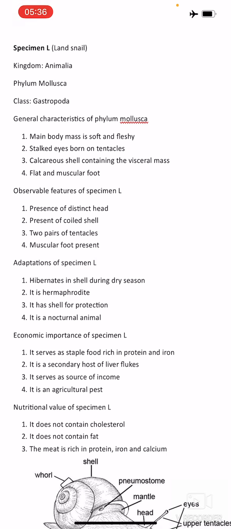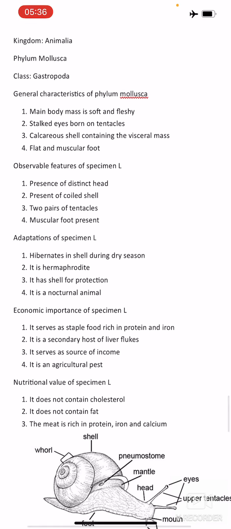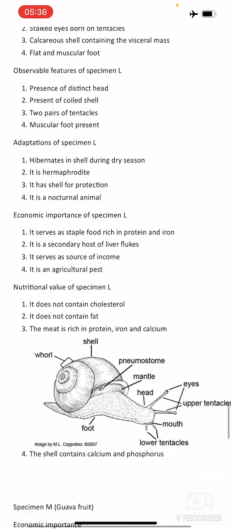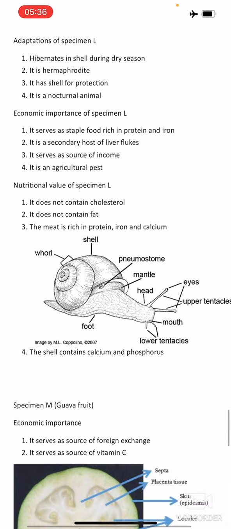They have a distinct head, presence of coiled shell, 2 pairs of tentacles. They have a muscular foot. The adaptation: they hibernate in shade during the dry season. So just look at it. Economic importance and nutritional value.